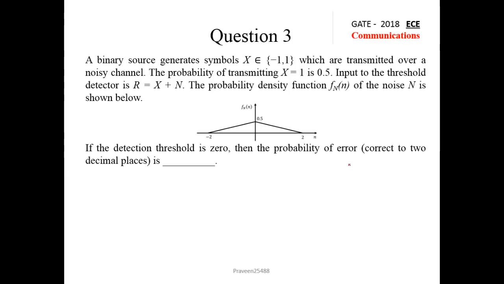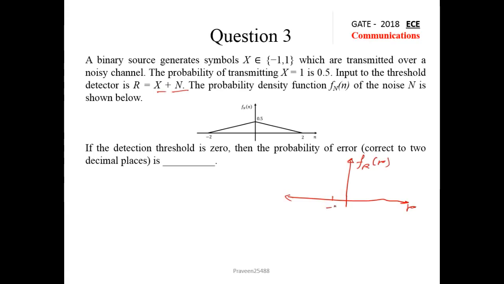Now first I will draw the PDF of our received symbol vector. So this is r, and the function is given as f(r). So here there are two symbols, -1 and 1. We'll see that this is added with the noise. So we'll draw the PDF for x equal to -1.